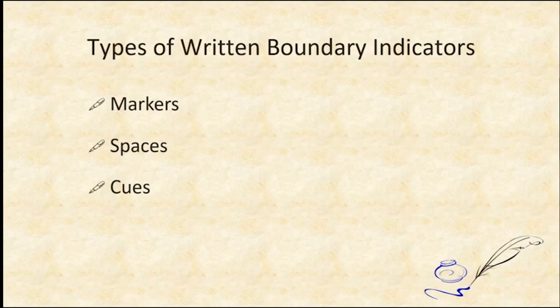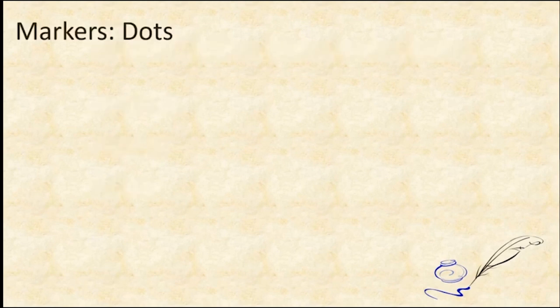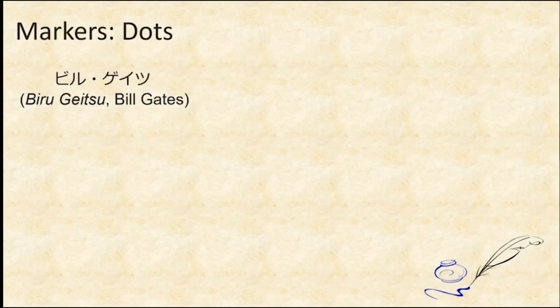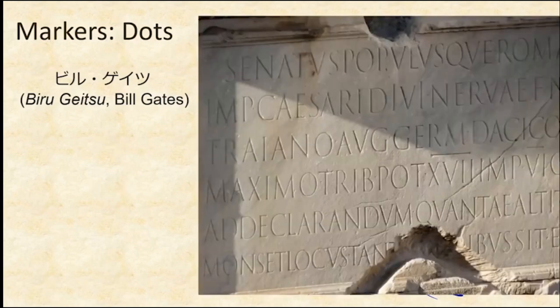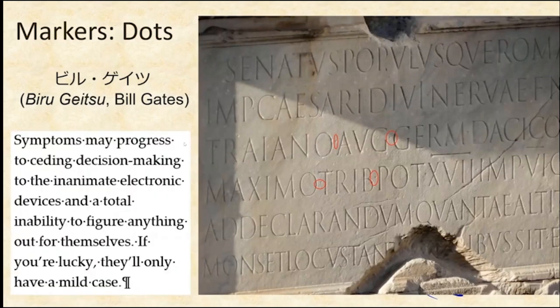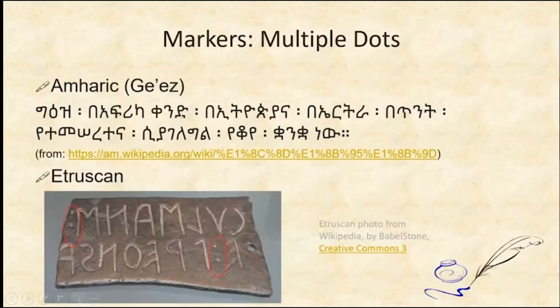So just to see what the options are, looking at markers, dots are very common markers. In Japanese foreign names, in classical Latin inscriptions, it's very hard to see, but there are dots there. And even in modern Microsoft Word. We can use multiple dots, as in this Amharic example, which uses two dots between words.